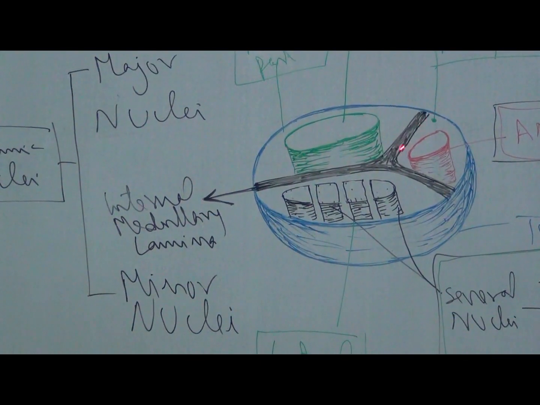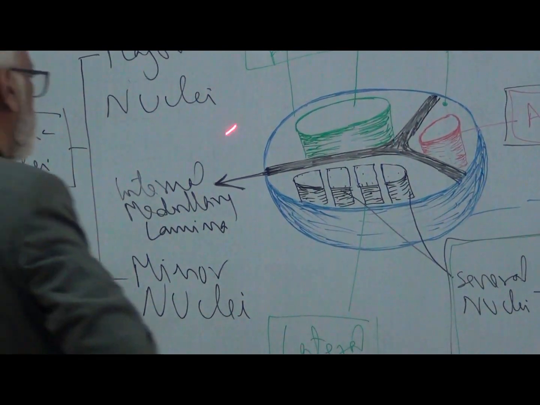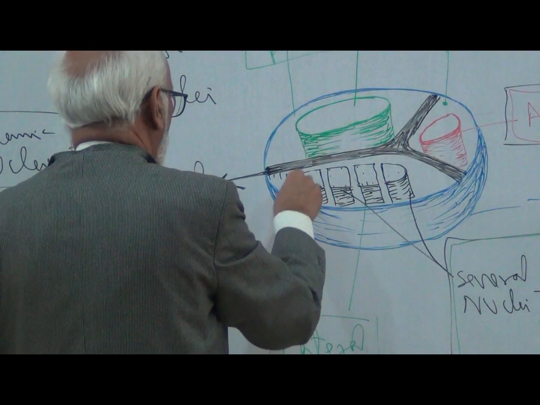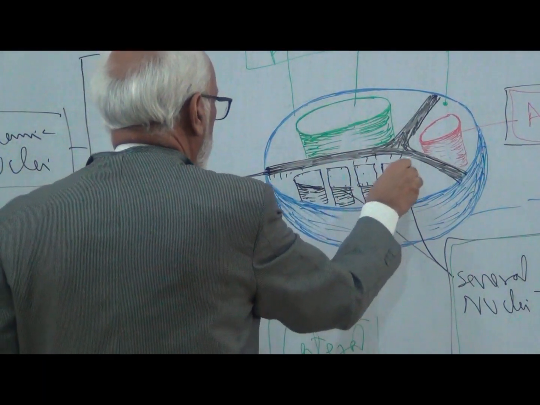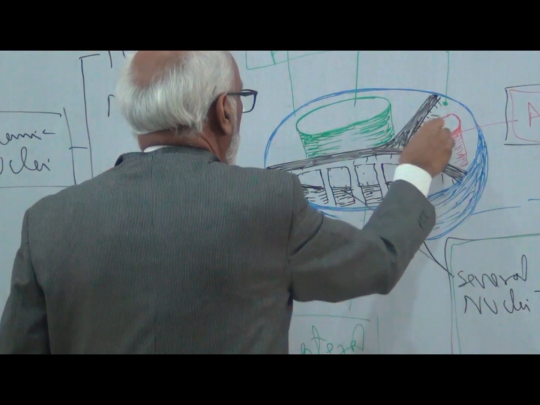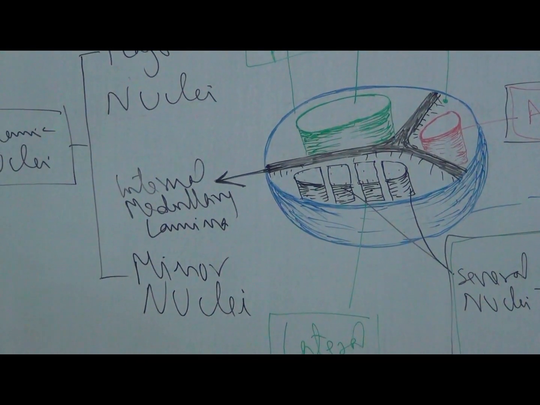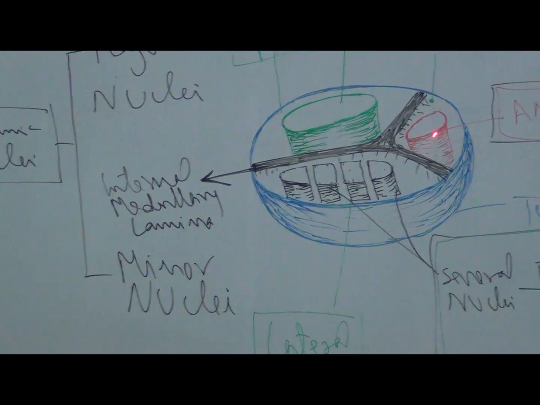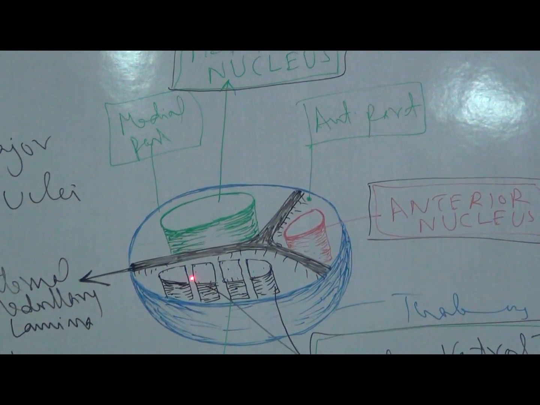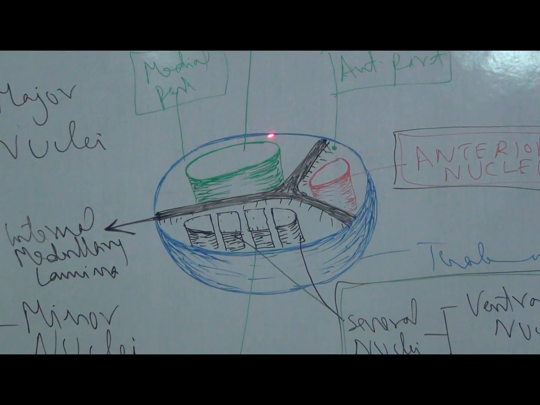So the internal medullary lamina, a Y-shaped mass of white matter, divides the thalamus into anterior part, medial part, and lateral part. All these parts are occupied by nuclei.